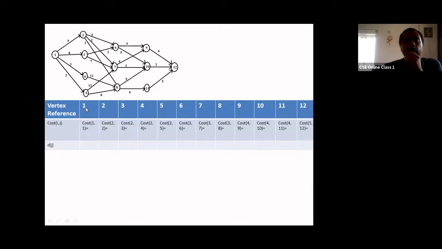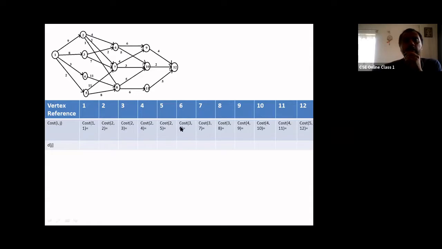Vertex 1 is in stage 1, so we have cost of 1, 1. Then in stage 2, we have vertices 2, 3, 4, 5, so cost of 2, 2, cost of 2, 3, cost of 2, 4, and cost of 2, 5. These 4 vertices are in stage 2.